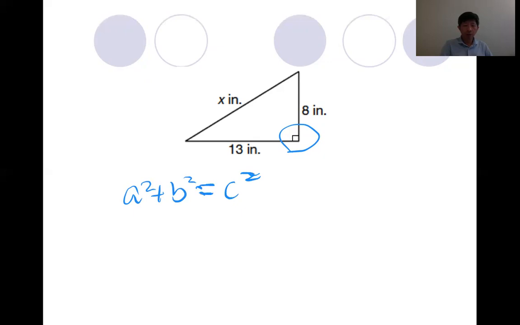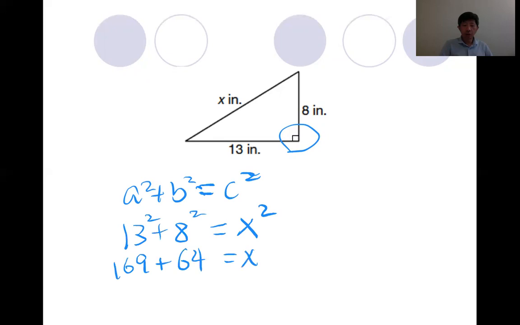We replace a with 13 and b with 8, which equals x squared. Now 13 squared is 169, 8 squared is 64, which equals x squared.